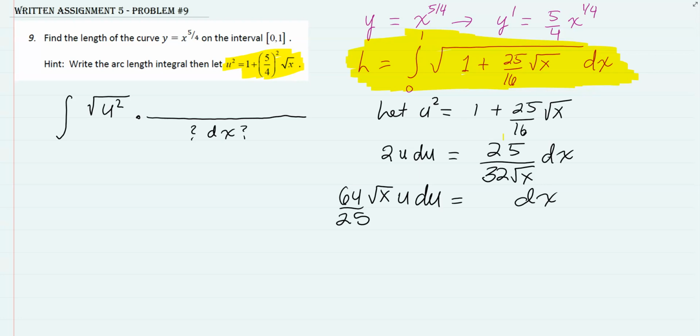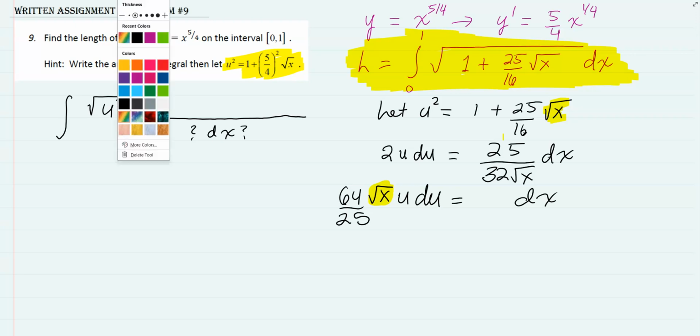Now, it would be weird to have the square root of x right there. We want to go ahead and change everything into u. So let's solve for square root of x from here so that we can do a substitution.